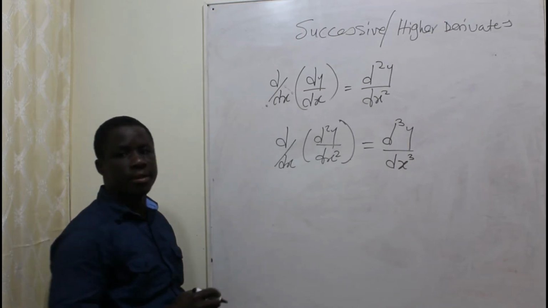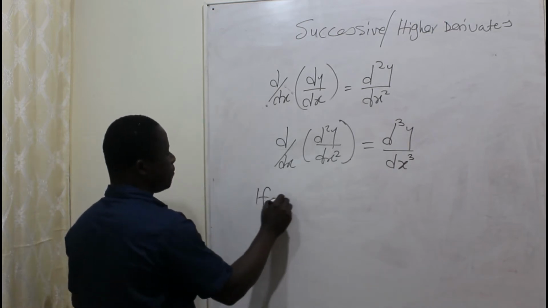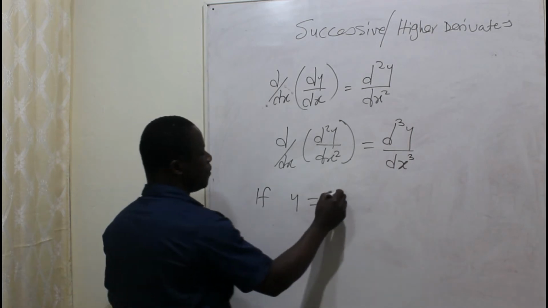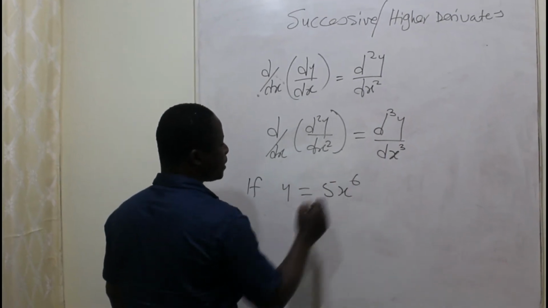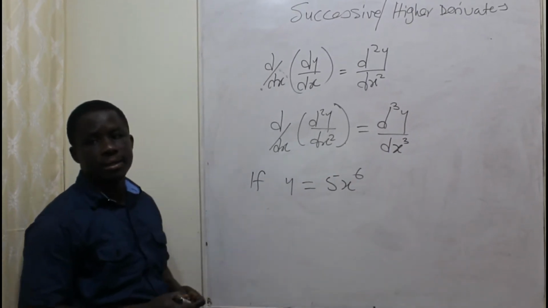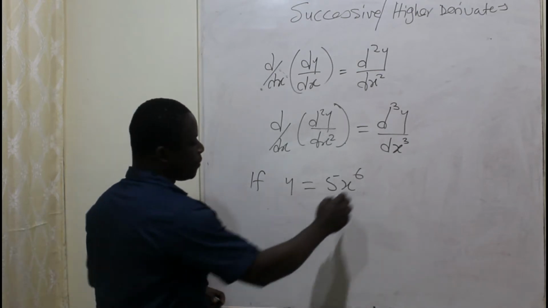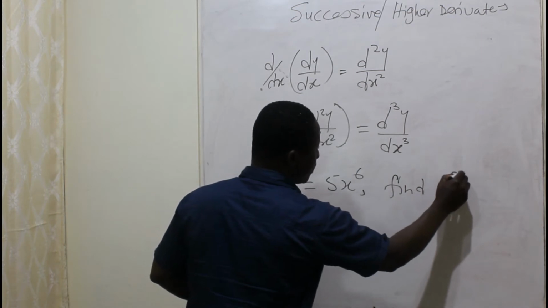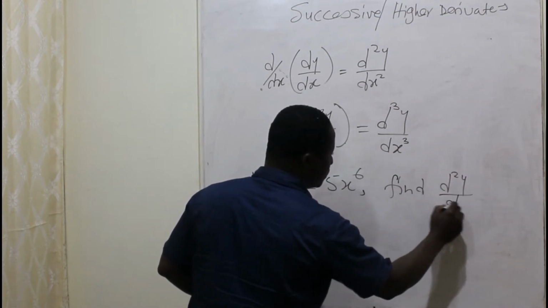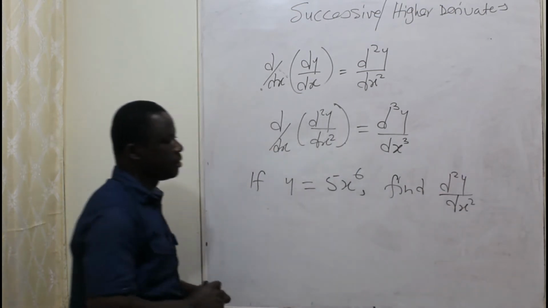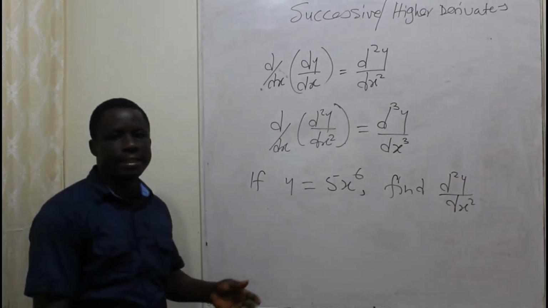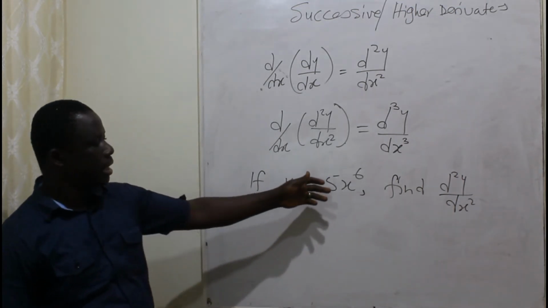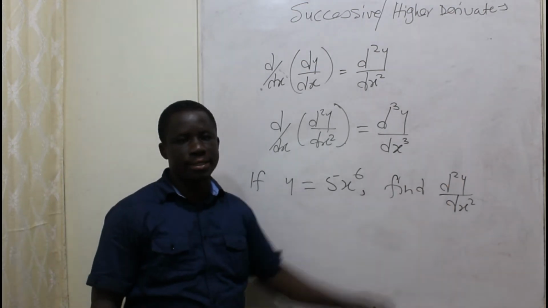Example: if y equals 5x to the power 6, find d squared y over dx squared. We have a function and we have to differentiate twice.